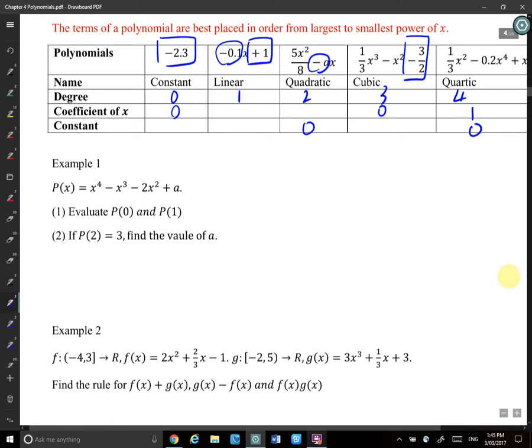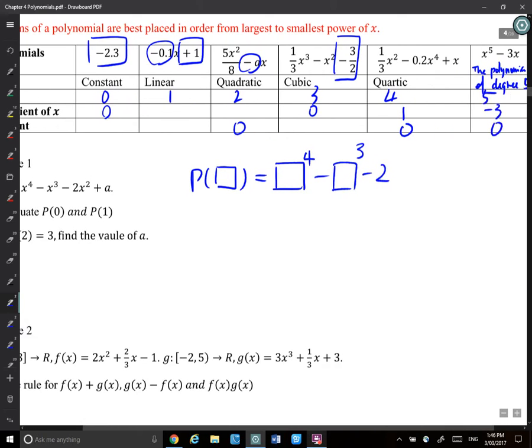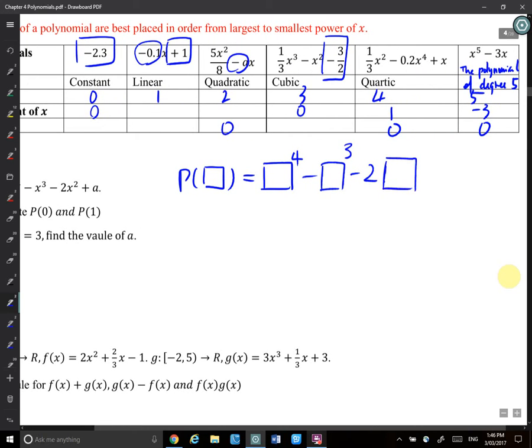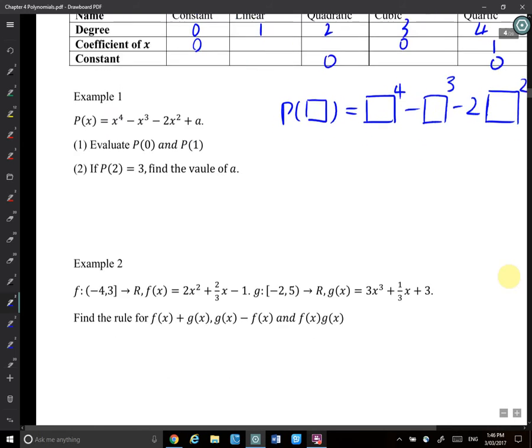So if I ask you to substitute things in, you substitute in those boxes. I would recommend this method: draw the boxes out and put numbers in.